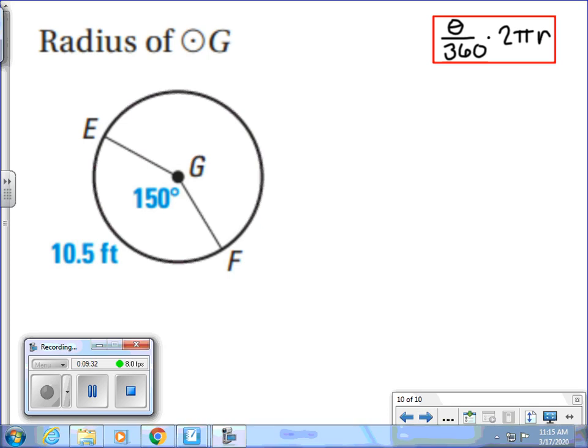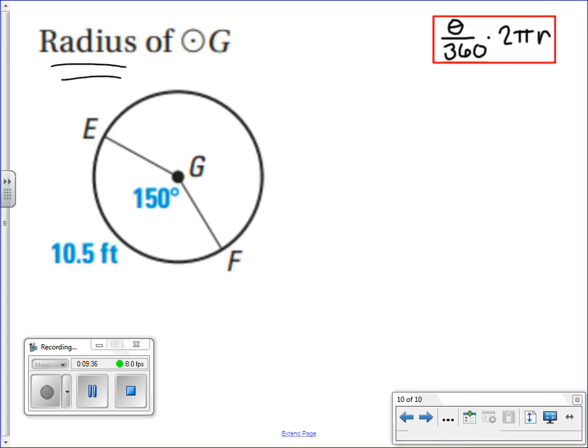And for my last problem here, this time I'm trying to find the radius. So I'm going to go back to the first equation that I was using. So arc length is equal to theta divided by 360 times 2 pi r.